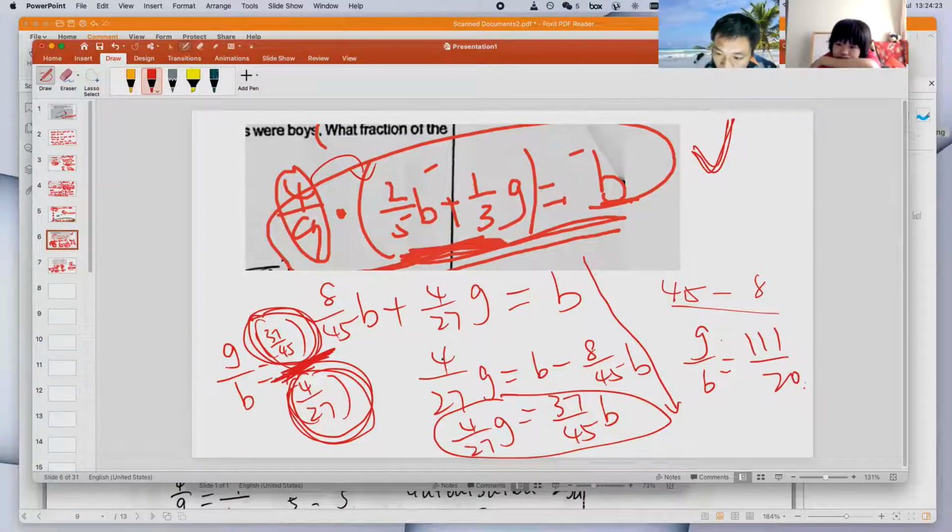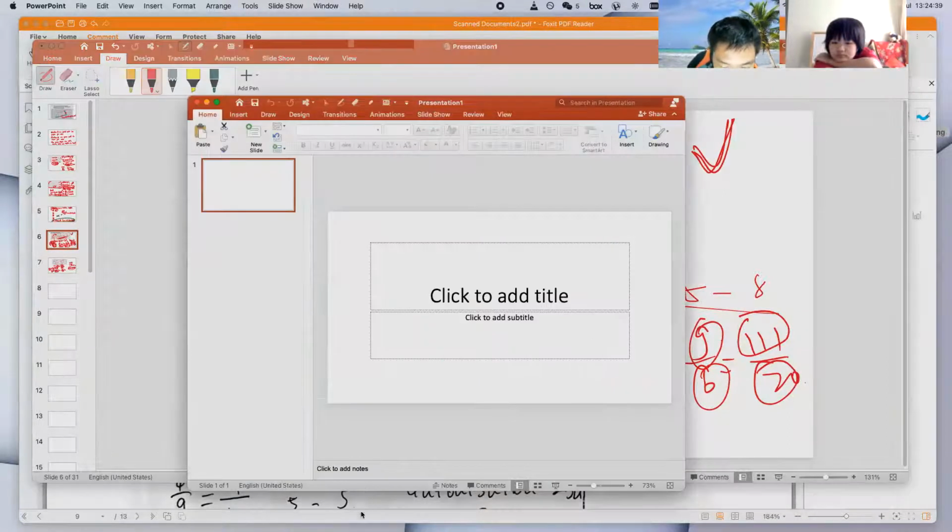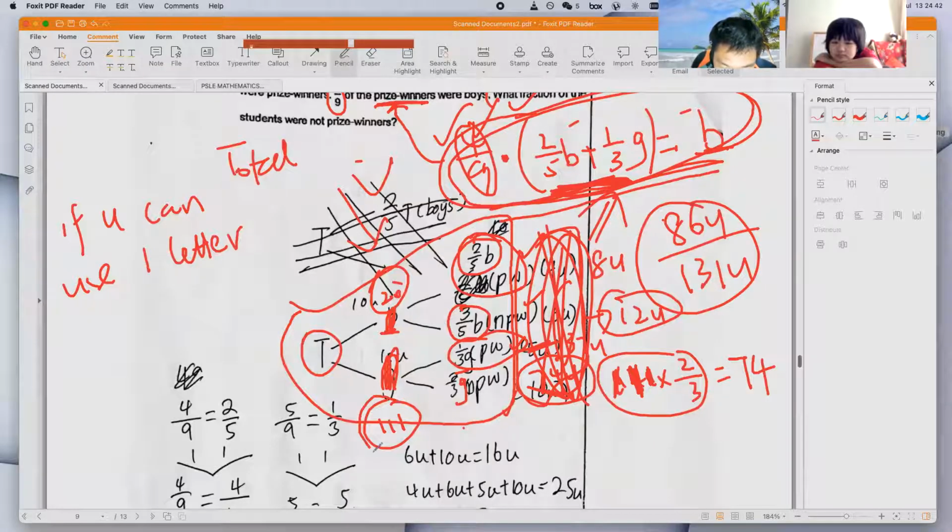So basically, if you get this equation and continue to solve it, you will know that G is actually 111, B is actually 20. Once you get this ratio, you plug it back into this, then you will start to get all the units here ready. So the key is this step, this equation.